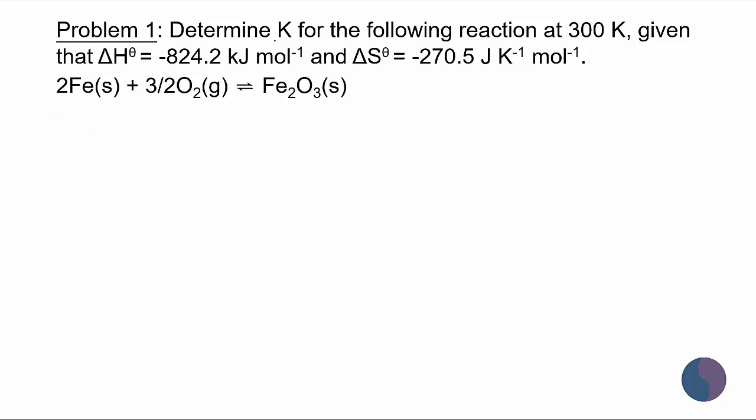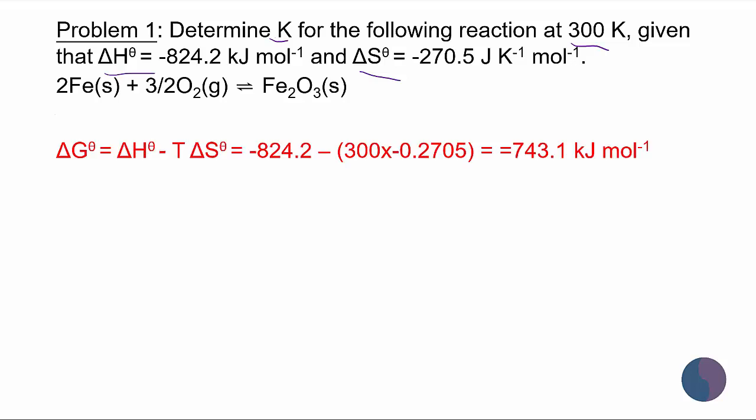So, determine K, and you're given a delta H and a delta S and temperature. You have to look up in your data booklet what you can actually do. You're trying to work out the K for this equation. You can't use RICE or a K expression because you've got none of the concentrations.